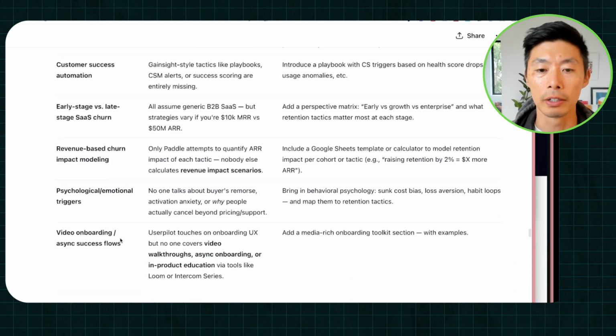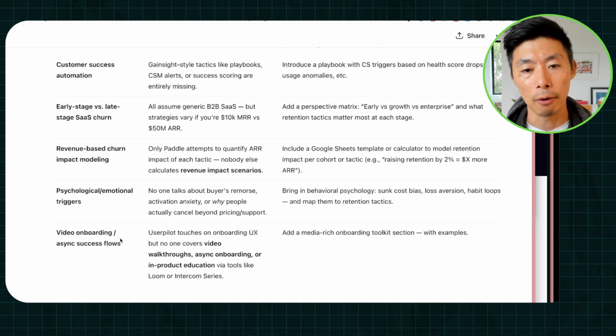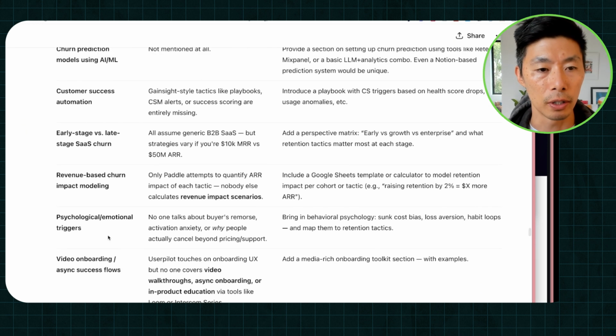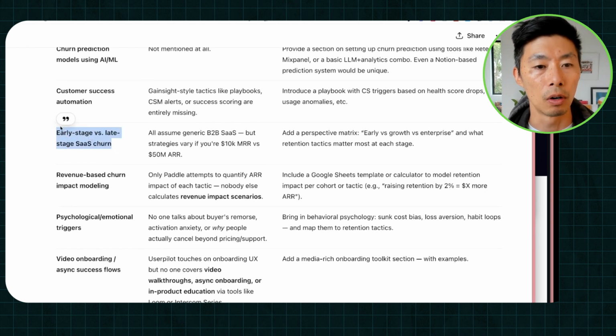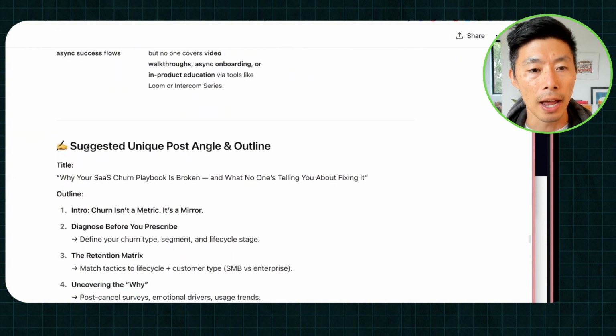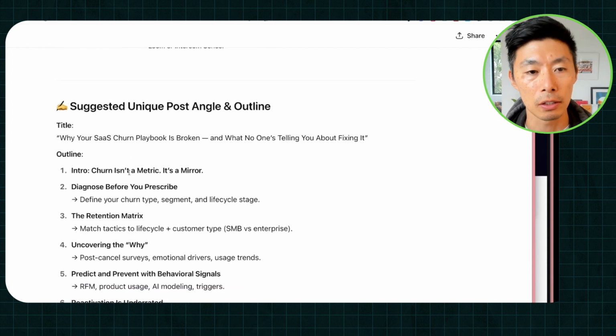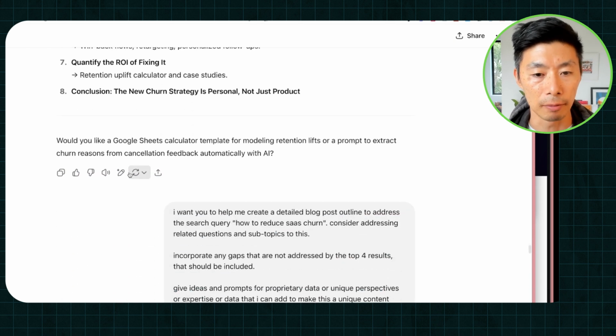So this is really good. Right here, this is enough to create multiple posts on. And in doing so, I would create this as an H2. So for example, I would say early stage versus late stage SaaS churn. Maybe that falls under this article or maybe it's a different one, but that's something that I can include. And then it gives me some specifics on actually what this post might look like in terms of an outline.